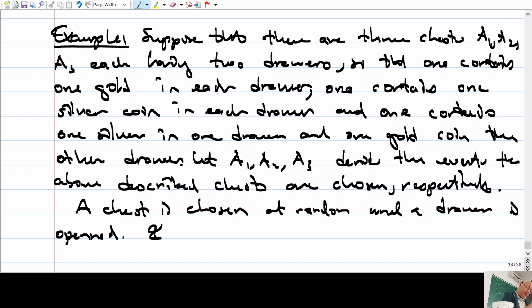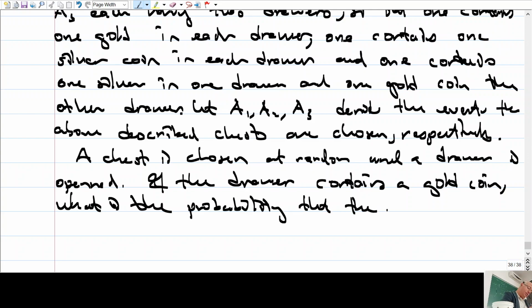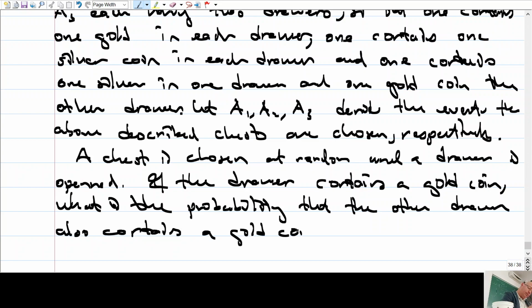If the drawer contains a gold coin, what is the probability that the other drawer also contains a gold coin? Okay.